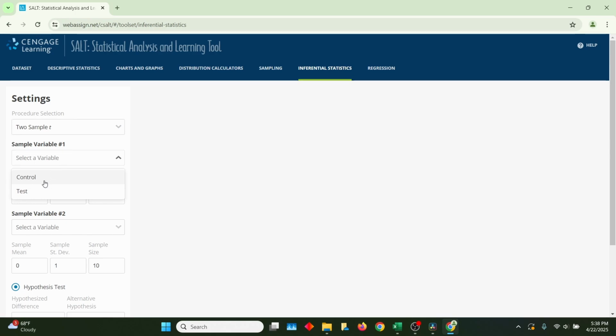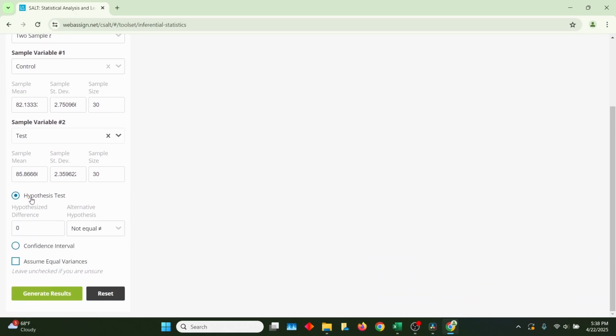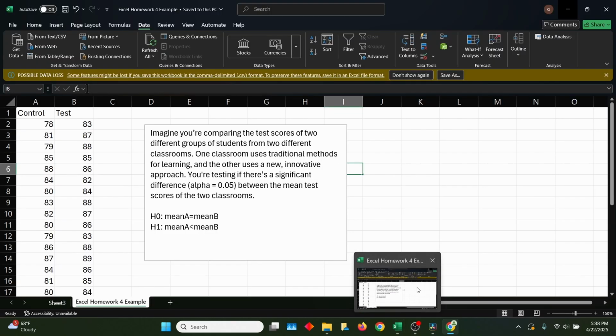My variable 1 is my control group. My variable 2 is my test group. They calculate the mean, standard deviation, and size for me. I want a hypothesis test. The hypothesized difference is 0, the difference between the means. And the alternative hypothesis, if you look back, is a less than.